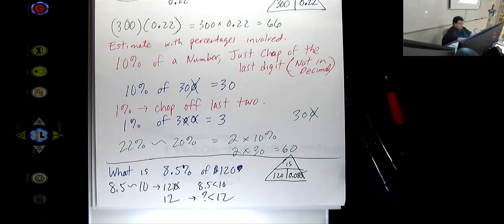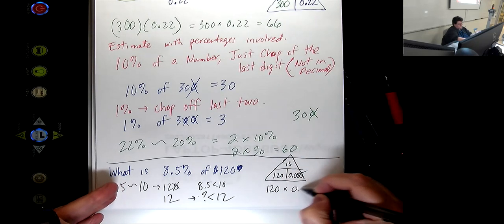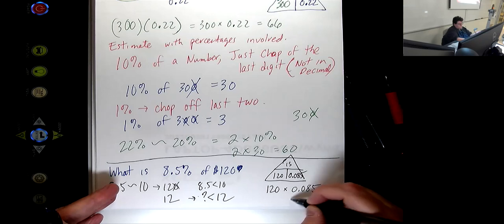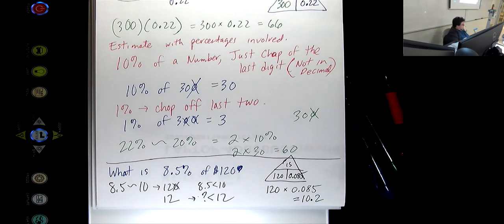And I get 10.2. Which is less than 12, right? But not a lot less than 12. It's only like 1. One's way too low. So 10.2 looks reasonable. I don't think I messed up my calculator work.